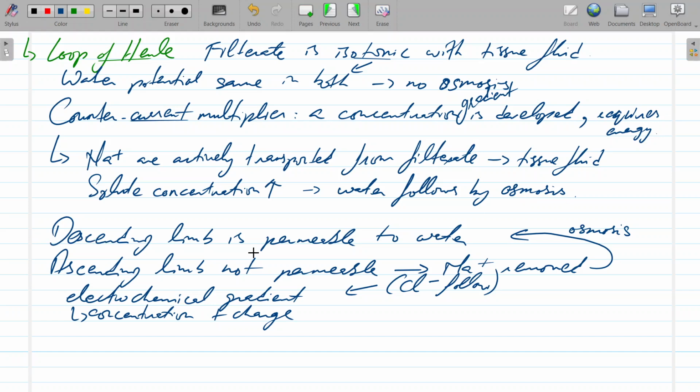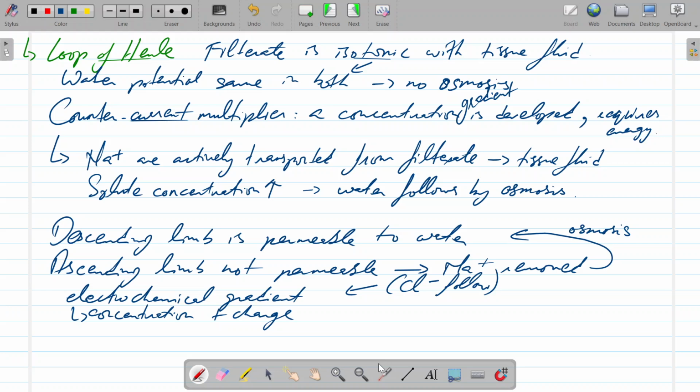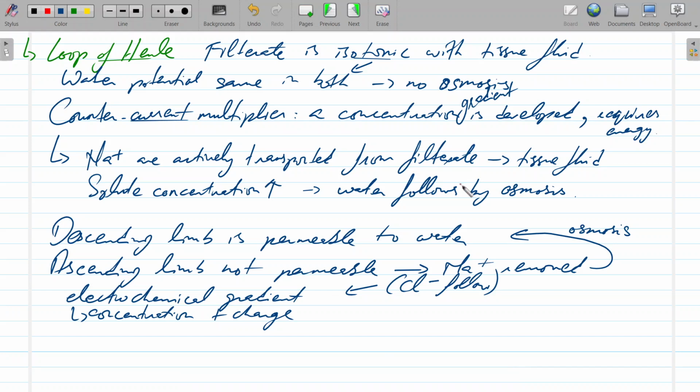The descending limb of the loop of Henle is permeable to water. The ascending limb is not permeable to water but to sodium ions, and so the sodium ions are actually being removed from the ascending limb, so that's a limb that's going back up.